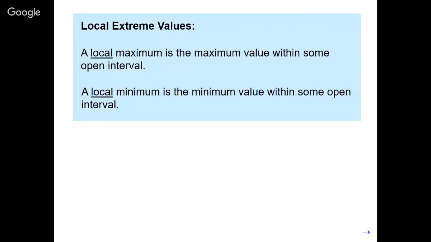A local maximum is the maximum value within some open interval. Now, maximum value means maximum y value, and they occur at certain x's. A local minimum is the minimum value within some open interval, and that means it's the lowest point, y value, at a certain x.